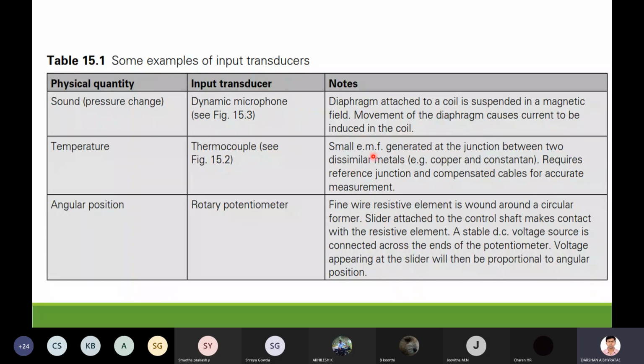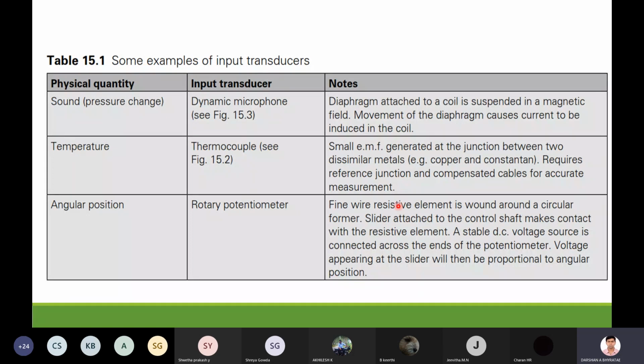Whenever there is a difference between the two junctions, it generates an electrical signal, which we measure in millivolts or milliamperes. That generated signal I add with my reference junction. That is the thermocouple.